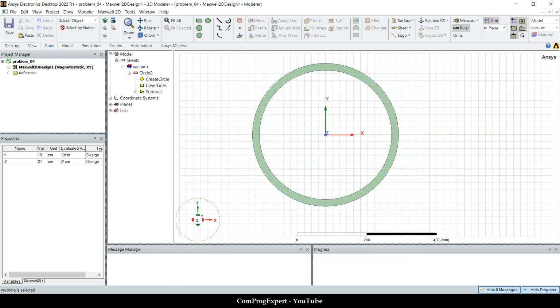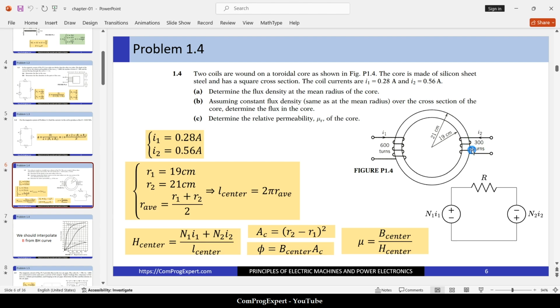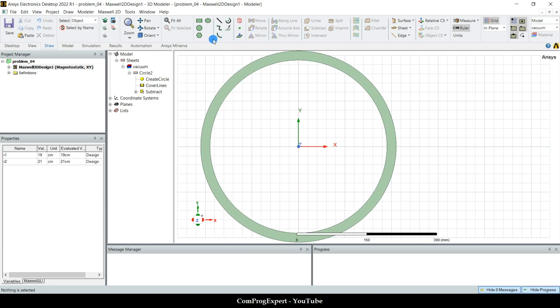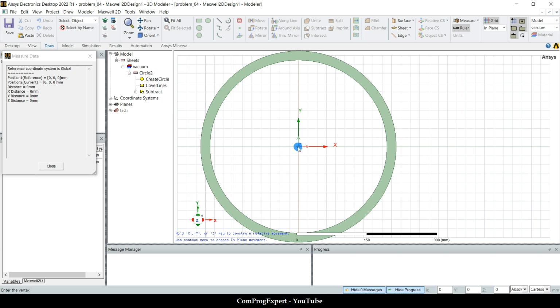And now I should create coil arms like before, two for the coil 1 and two for the coil 2. So here I can use this method. Let's select draw a line. So I draw a line from here to here.